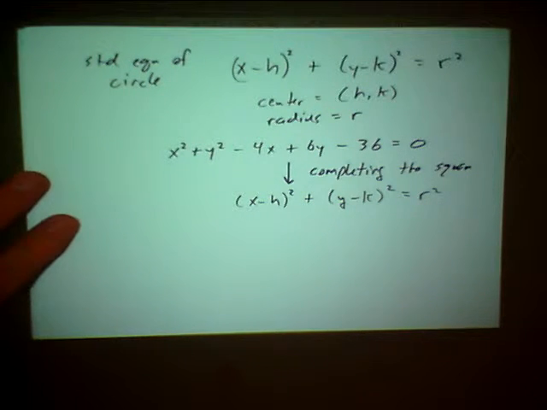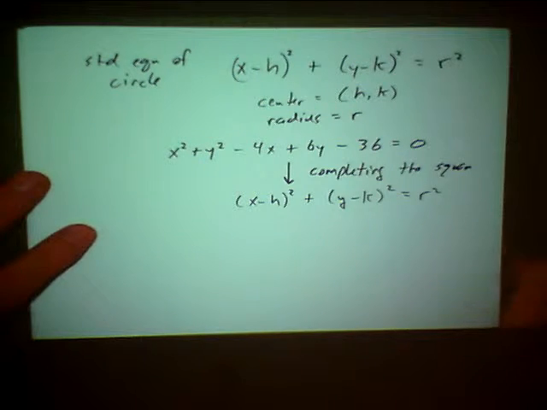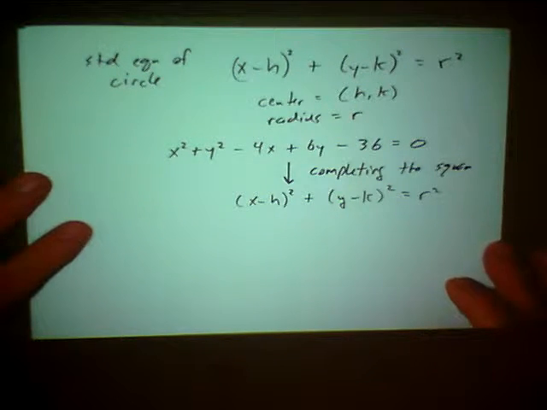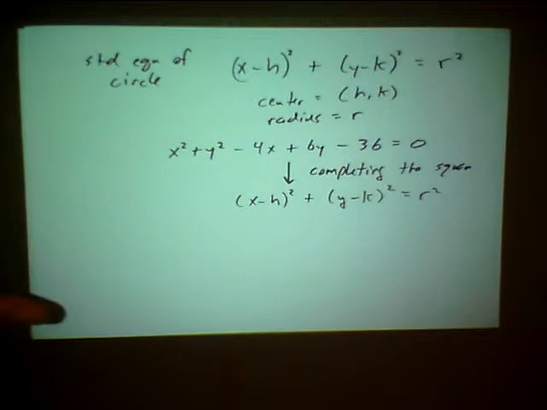I gave you the steps in class, so I'm not going to rewrite them, but I will talk through them. The first step is to take my original equation and write it in the proper order. You put the x terms first, then the terms with y, and then on the right-hand side, the number.